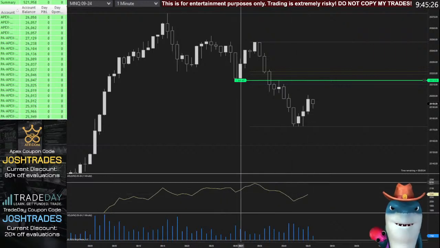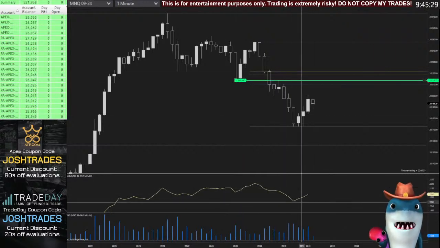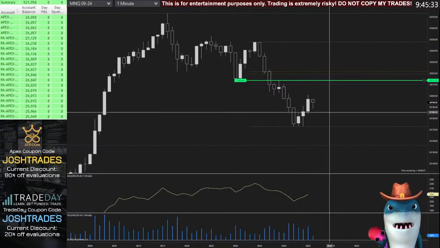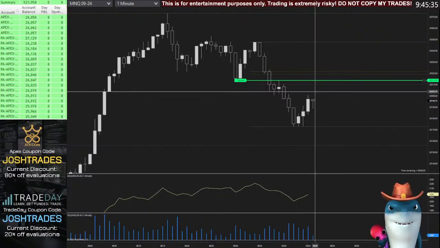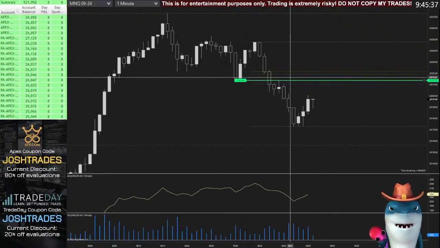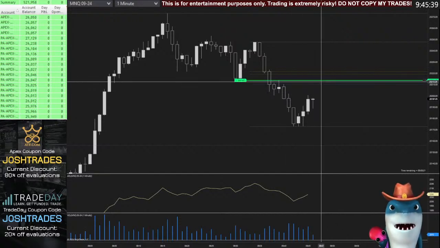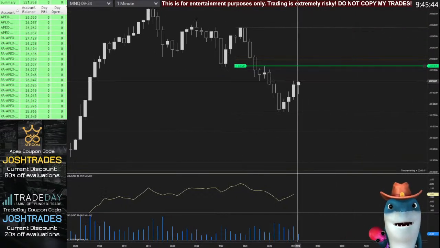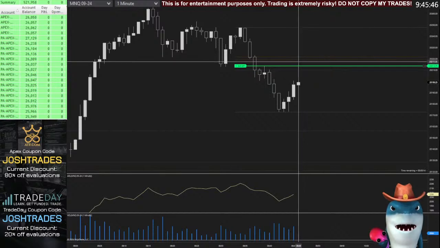We have lower lows and lower highs. So AD and price are both bearish. And so basically, we're going to enter at this very minor liquidity pool up here and hope that we get tagged in.